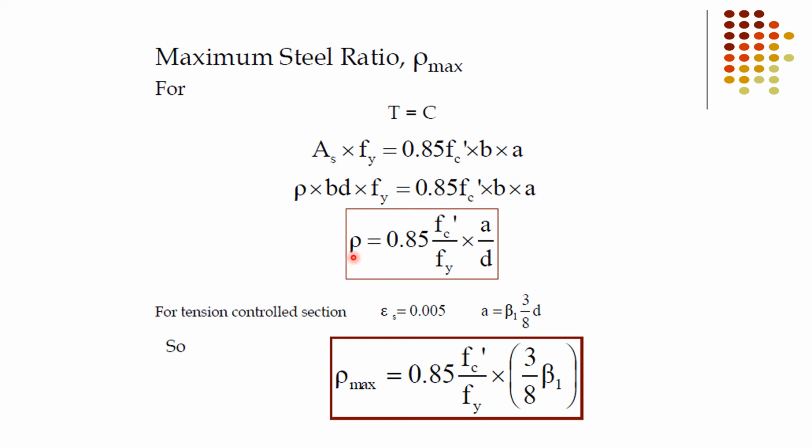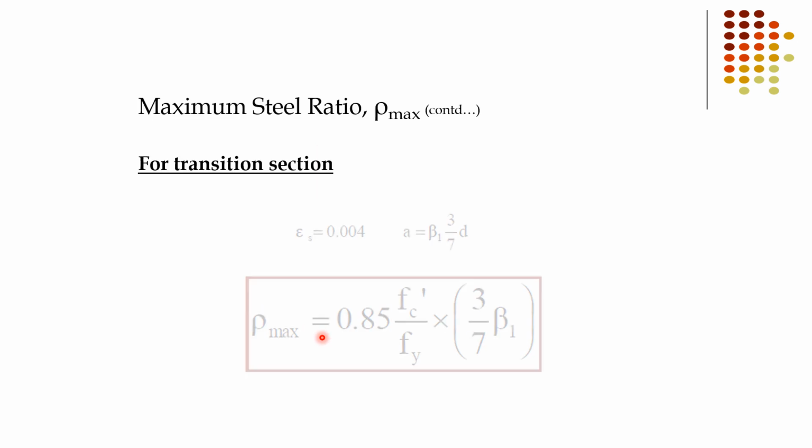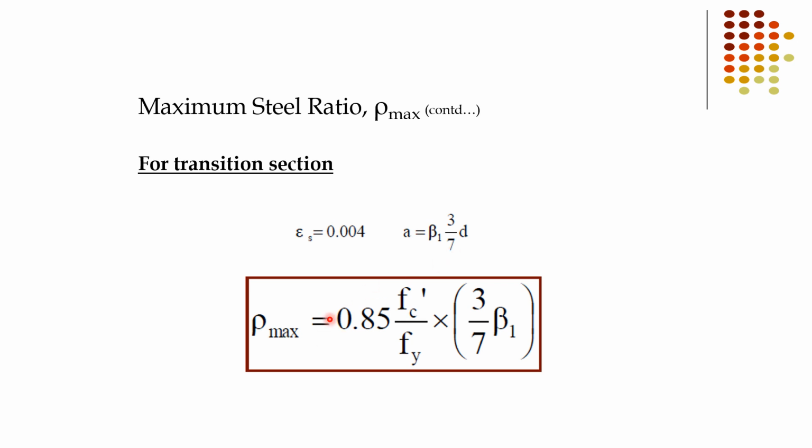For the tension control section, the strain in steel is 0.005. At that time, A will be beta 1 times 3/8 D. We will put that value and we will get the maximum steel ratio for the tension control section. Similarly, for the transition section, we will put the value of A and we will get the rho maximum.